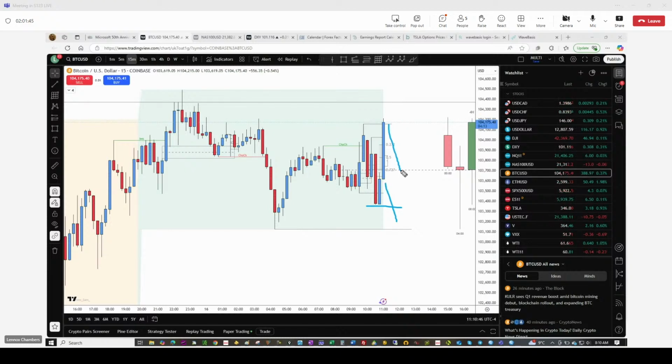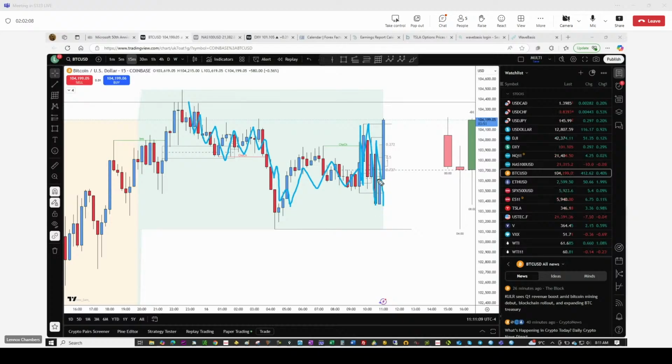So I'm still looking for a retrace to give us an entry, because this is very tough to get in. So now we have to wait. You can see how violent this is in here. It was quite orderly for the longest time, very orderly, nice movements. And then here, all of a sudden, it starts getting violent.